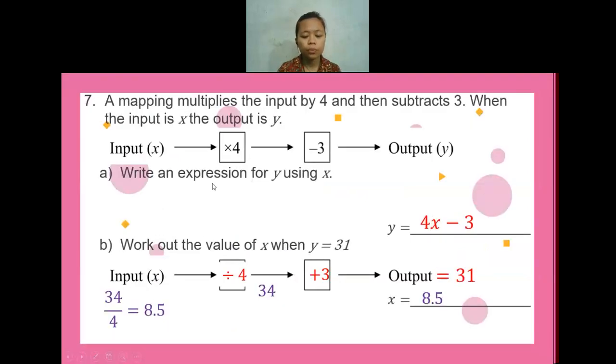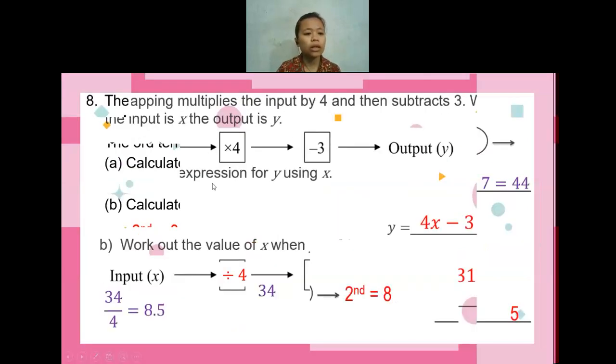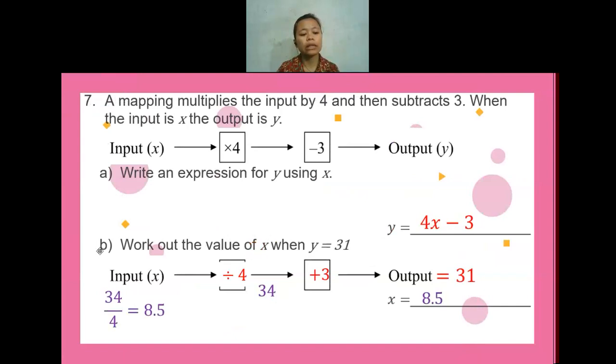For question 7, here we already have the mapping function: multiply the input by 4, then subtract 3. So here it will be times 4 minus 3. The input is x, the output is y. And then we have to make an expression. An expression here is like a formula.